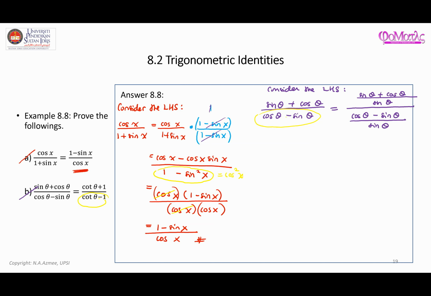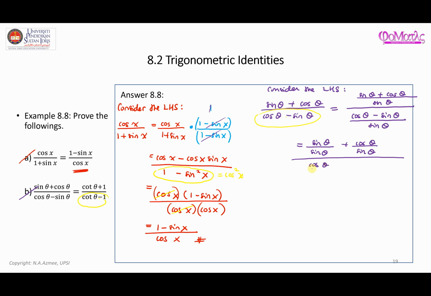Now based on that we can simplify. Let me write it properly without skipping a step. Here we can separate the terms. In the numerator we have sine theta over sine theta plus cosine theta over sine theta. At the bottom again you can separate the terms.